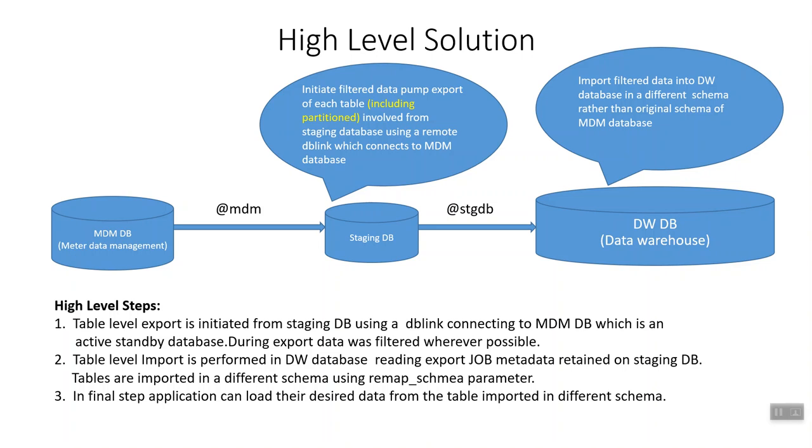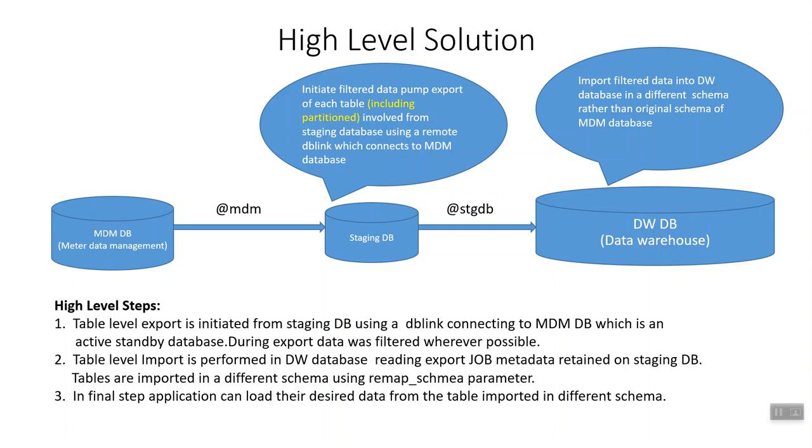The idea is to initiate a filtered Data Pump export of each table involved in the query using a database link, and once the export is done you import those tables into the data warehouse database in a different schema. From there the application team can run some ETL to load the data from those tables to the actual table.